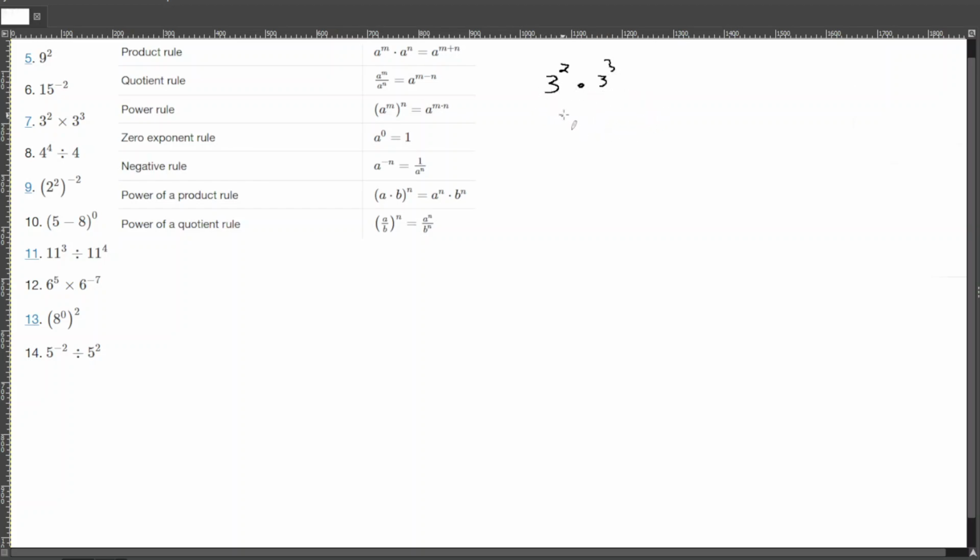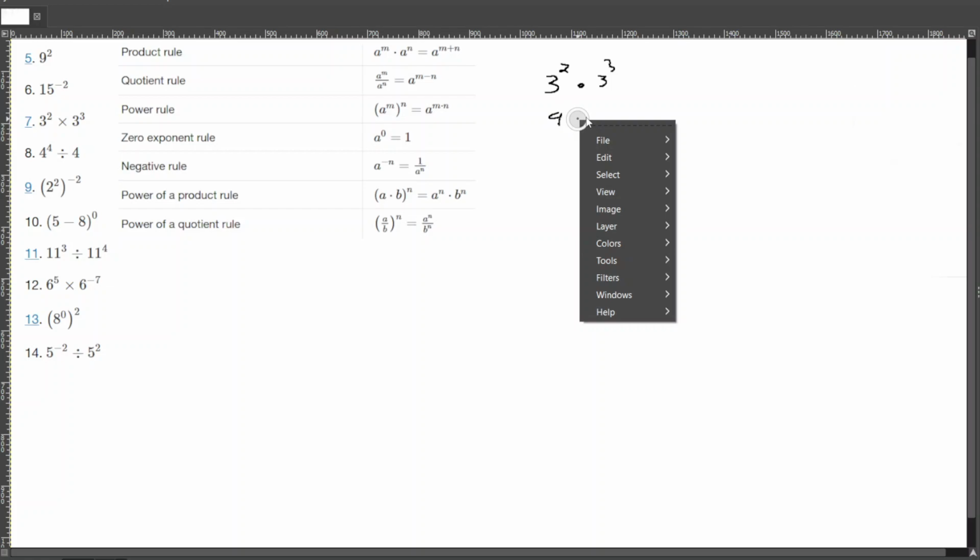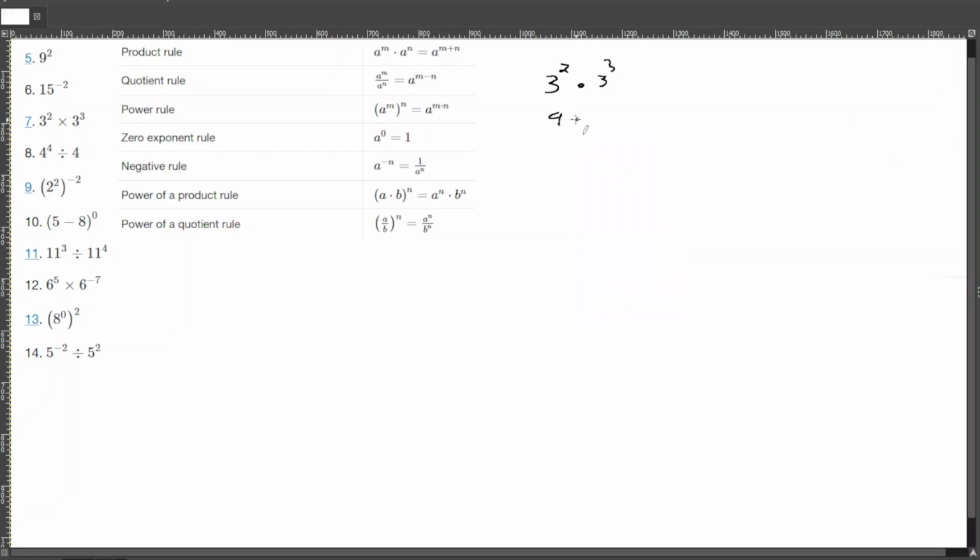So what we would get here is 9 times 27. And then 9 times 27 would be 63, so carry the 6. So that's 18, 19, 20, 21, 22, 23, 24. So that should be 243, okay?